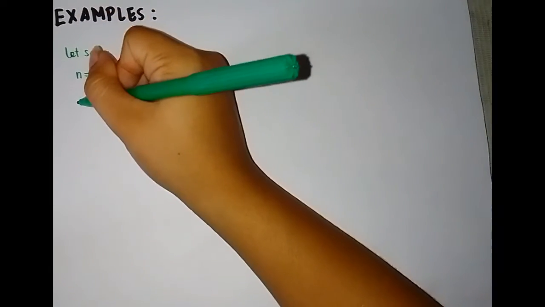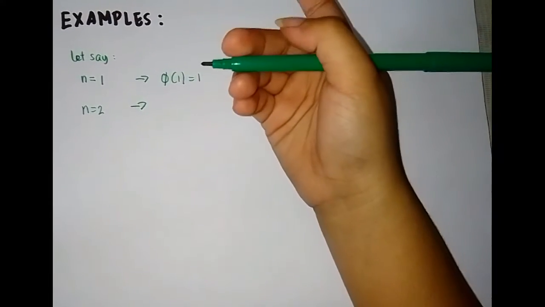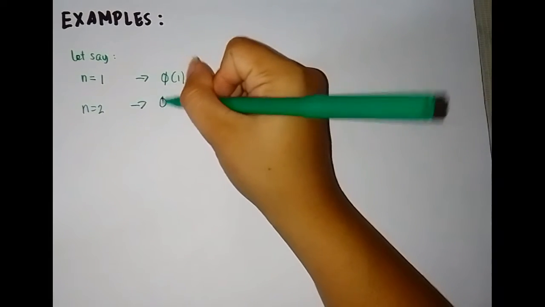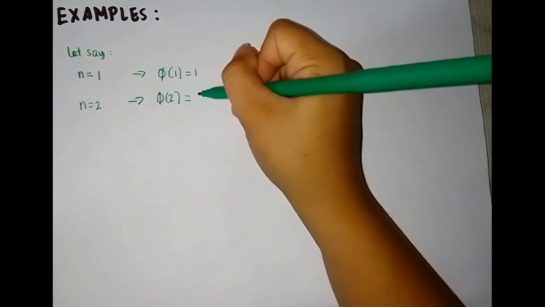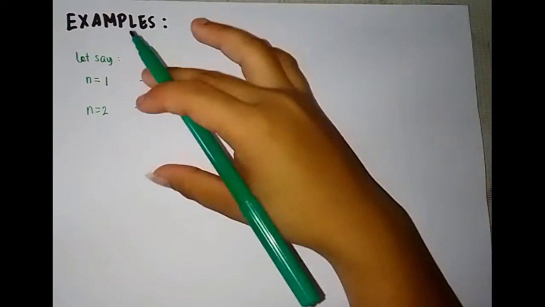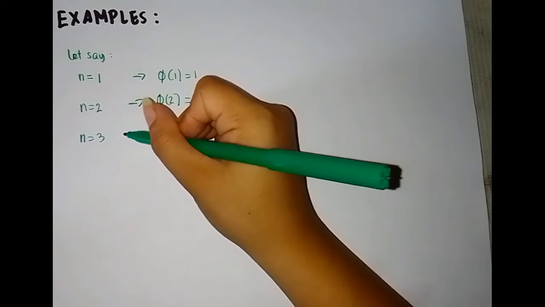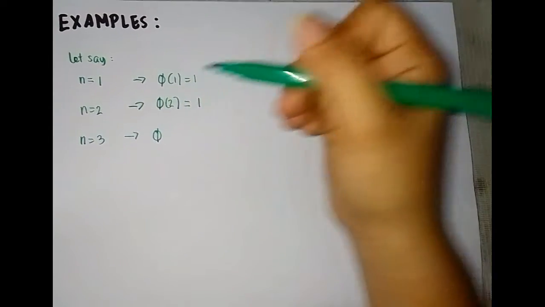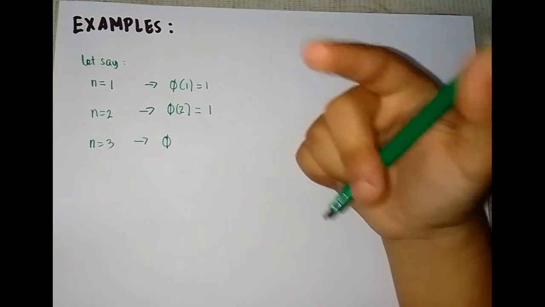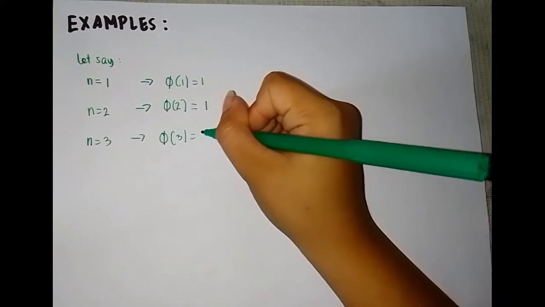For example, we have n equals 2, and the only positive integer not exceeding 2 and relatively prime to 2 is 1, so we have phi 2 equals 1. We'll count the numbers of positive integers that are relatively prime. For example, n equals 3. Then the positive integers not exceeding 3 that are relatively prime are 2 and 1. So we have phi 3 equals 2.